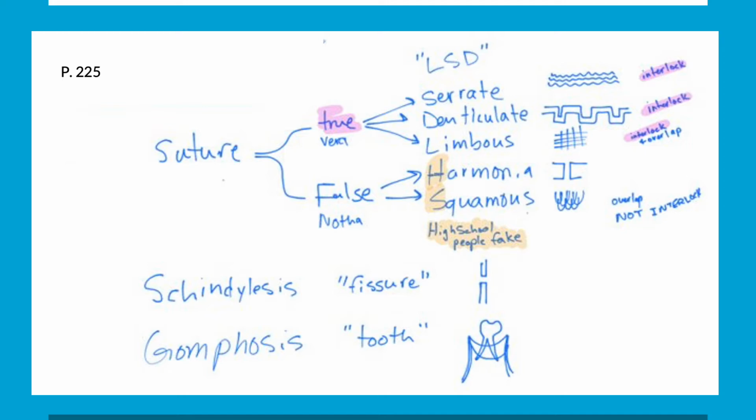So true sutures, LSD: limbus, serrate, and denticulate. And then for the false sutures, high school people are false. So HS false, and that's going to be your harmonia and your squamous. Hopefully that helps some of you remember. It helped me.